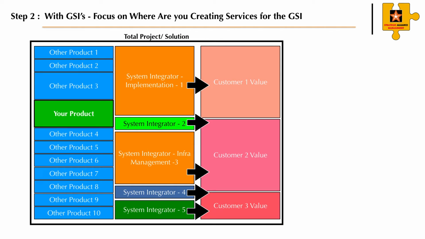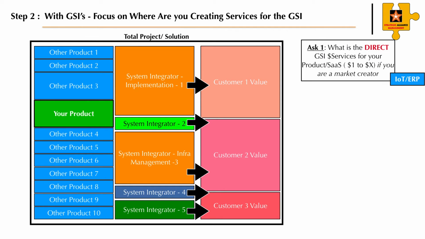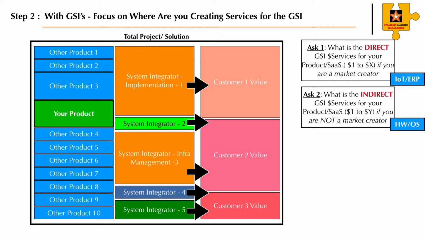So going back again, when you're focusing on the GSIs, you need to understand what kind of services you are creating for the GSI as well. Alignment without understanding what the GSI business is, is not the right way. You always have to convert $1 of your product to what services you are directly creating as a market creator, or what indirect GSI services you're creating, if you're not a market creator.